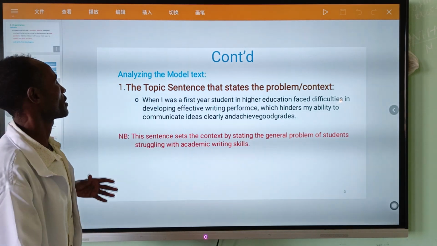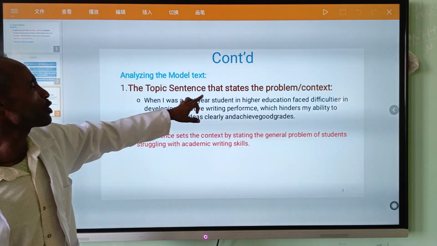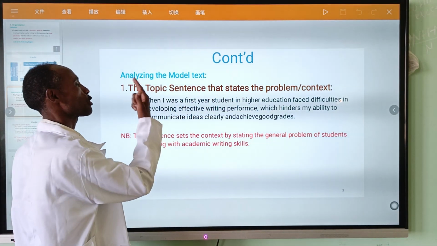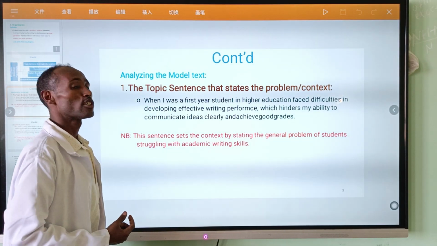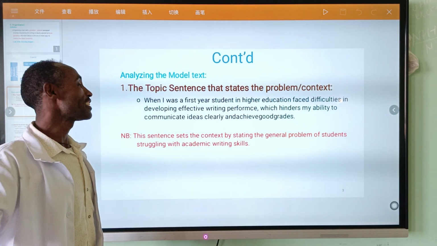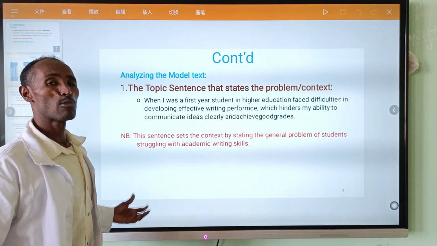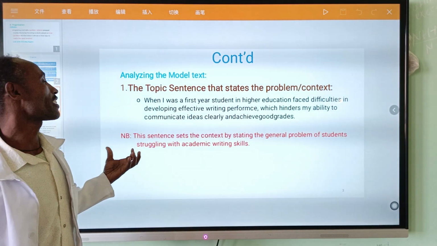Number one, you see the topic sentence that states the problem, in the paragraph in your conventional teaching material that I have sent you through the link. There is a model text that says my difficulty in writing.